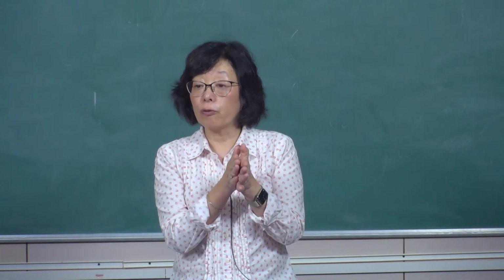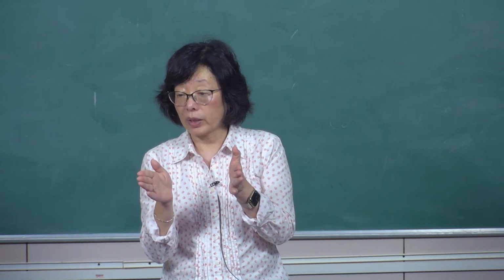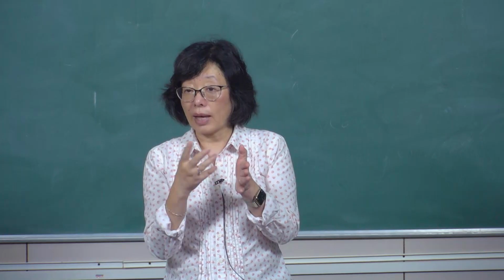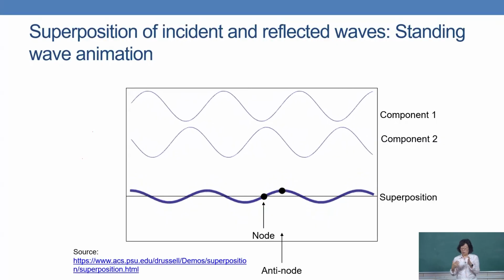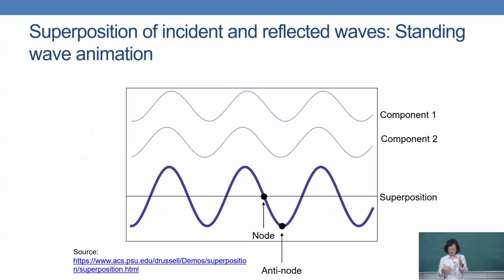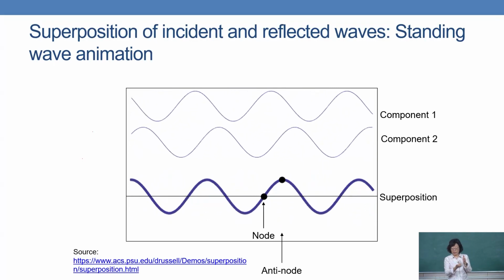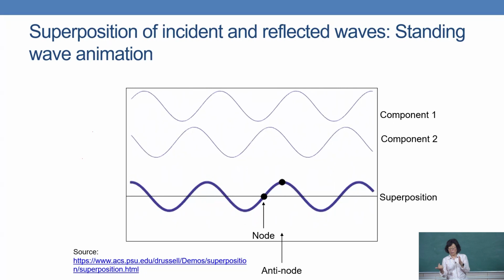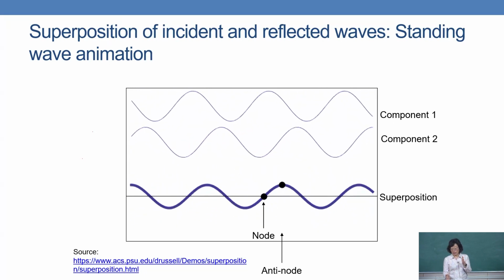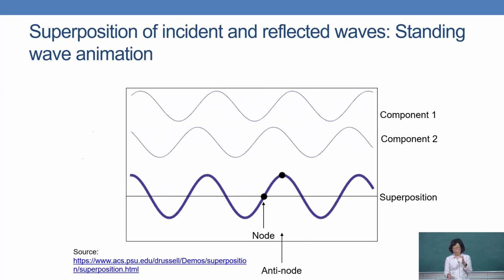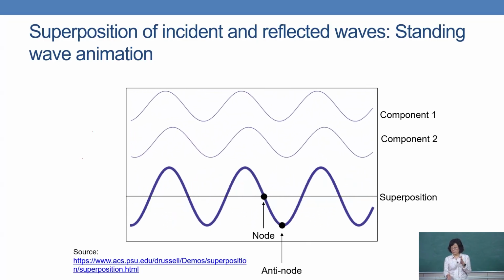You won't get the fully reflected energy. Okay, so that's how you analyze this circumstance. So if you have two components, one is incoming waves, another one is reflected waves, and they superpose together, you are able to get a standing wave like this.